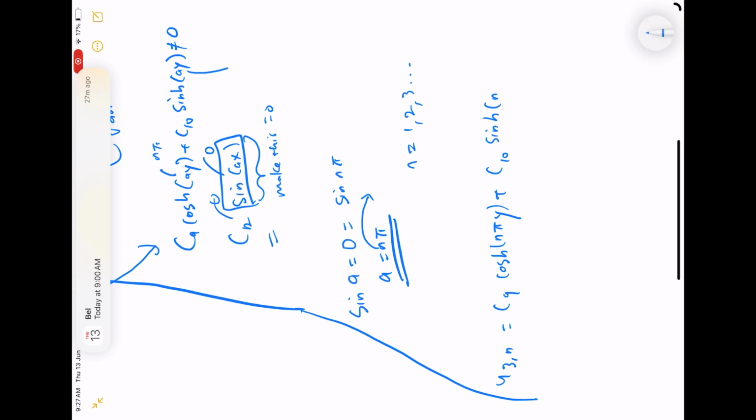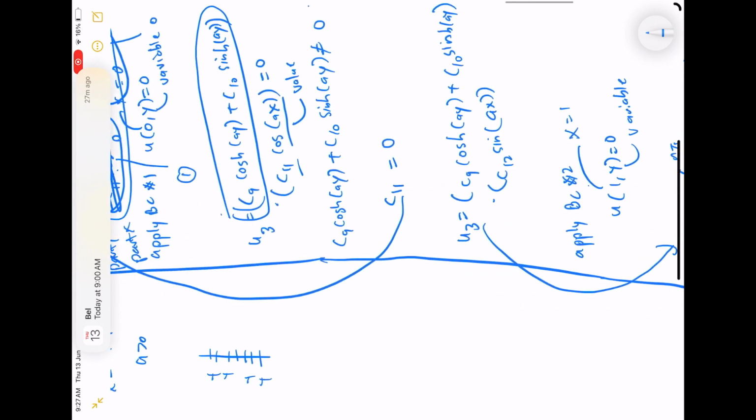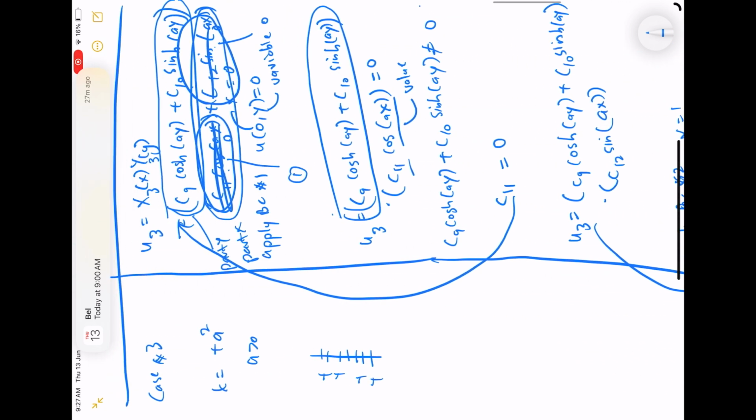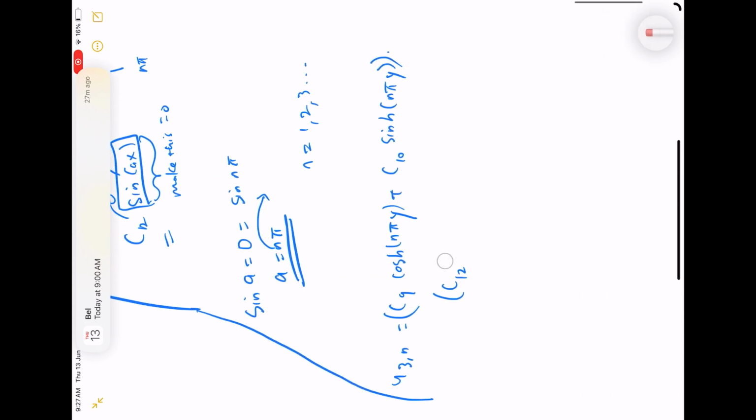So our a is n pi y, multiplied by c12 sin ax, where our a is n pi x.